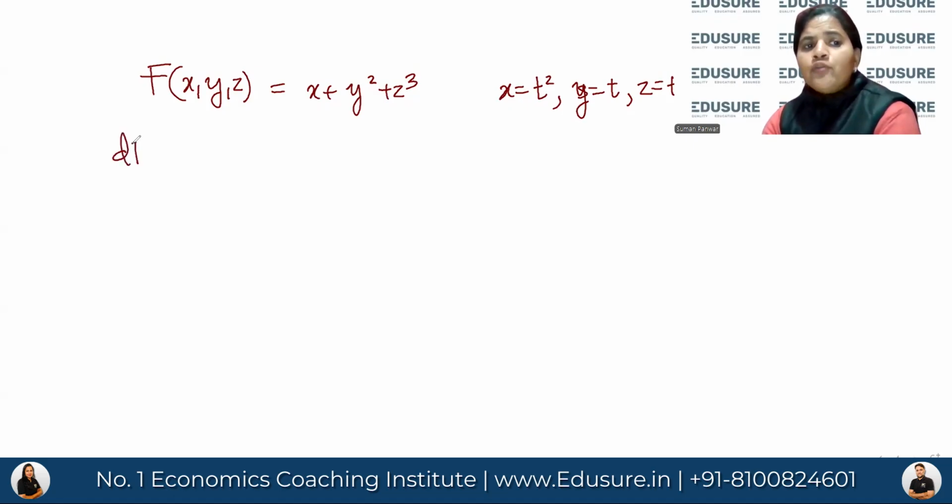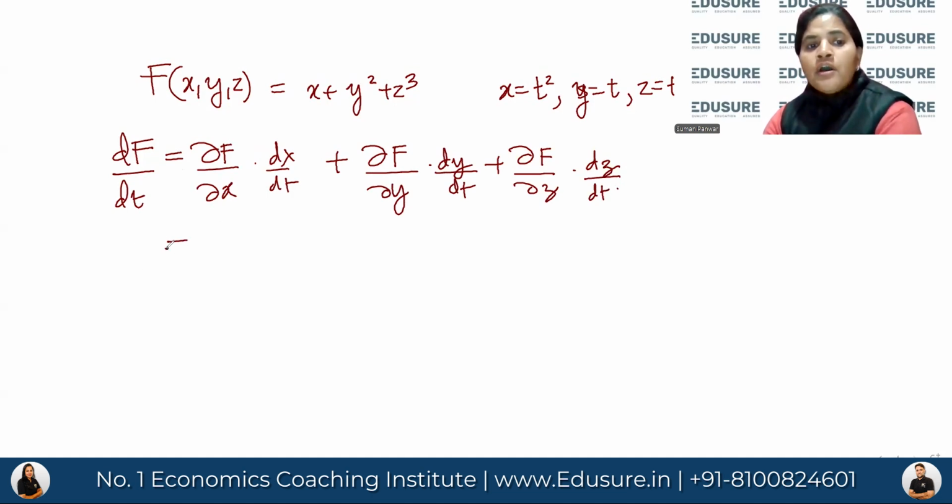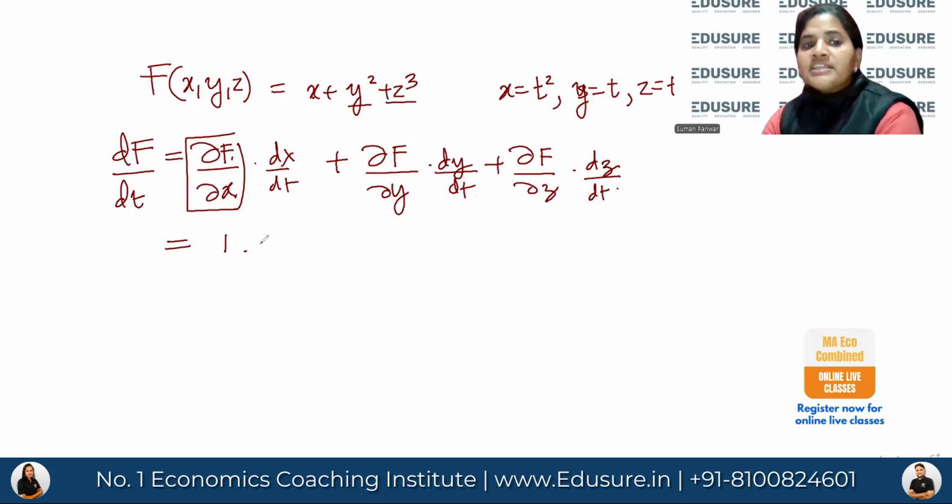So now if I have to calculate df by dt, it should be now first I differentiate with respect to the first variable, then I do dx by dt, then I partially differentiate with respect to the second variable, then I do dy by dt, and then I differentiate with respect to the third variable and I do dz by dt.